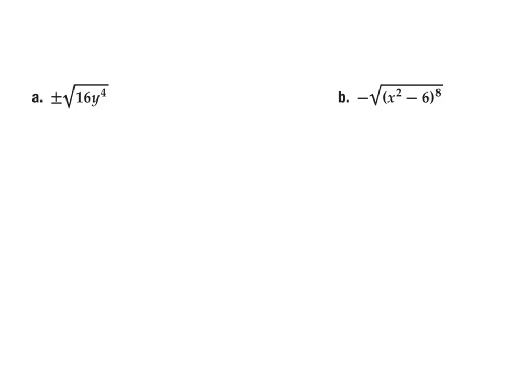What I need to be thinking is what squared equals 16y to the 4th. Don't say it out loud. If you think you know what number squared gives you 16y to the 4th, go ahead and write that down. So think about it in two different ways. Think about the number part.